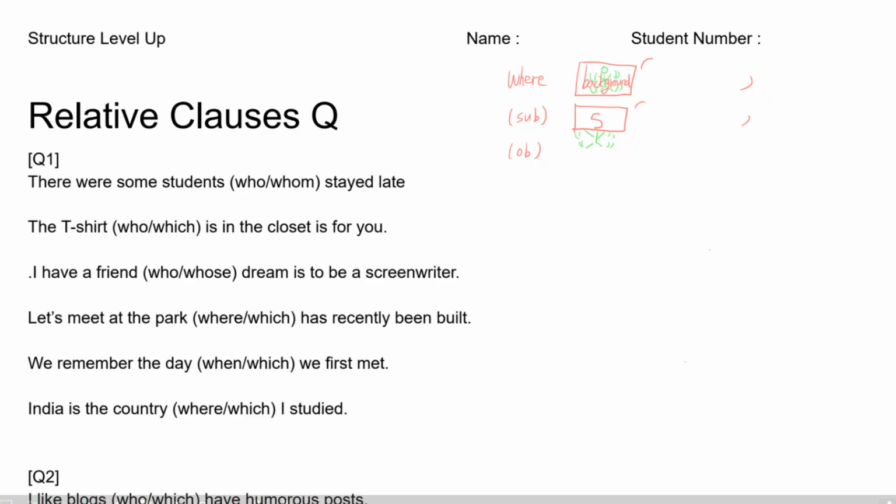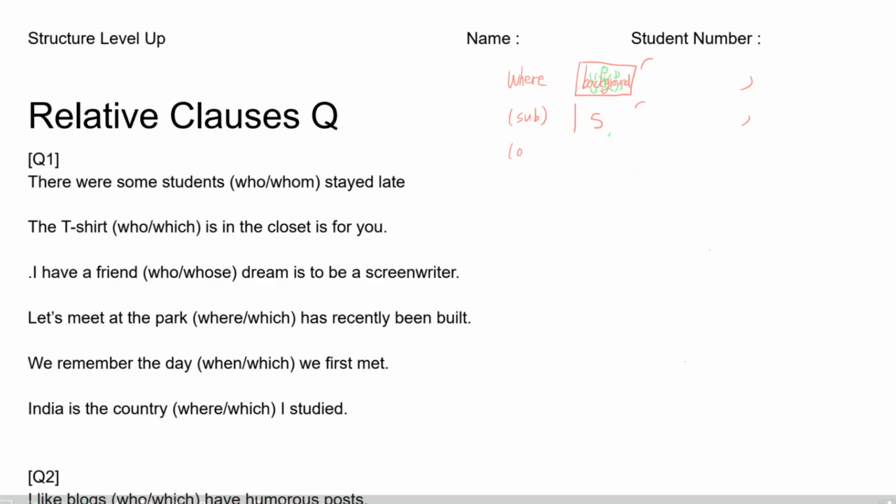And in the objective meaning, someone else or something else is doing something to it, right? So there are three basic types of relatives like these. Okay, let's try some of the questions here.